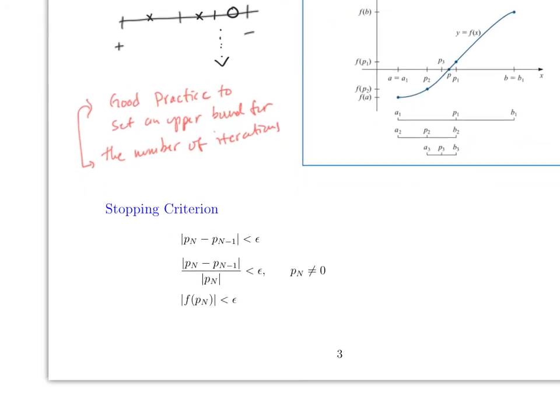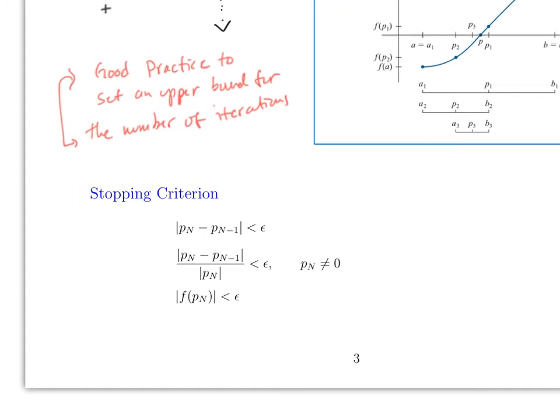Usually these are the three stopping criteria. The first one says the absolute error between two previous approximations is less than some epsilon, or the relative error is less than epsilon, or the function evaluated at the approximation is less than epsilon. So you need to use at least one of these three.